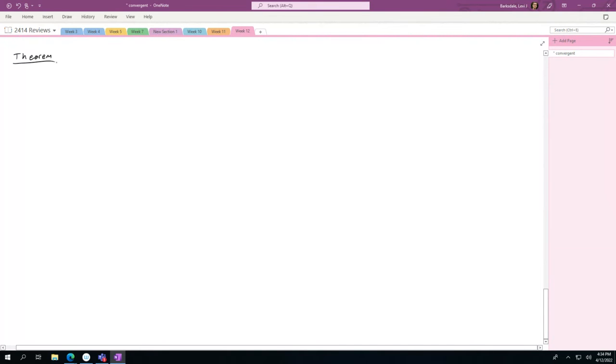And this is a theorem. It's called the nth term test for divergence. And what it says is, let's say we have a sum from n equals 1 to infinity of some series a sub n.